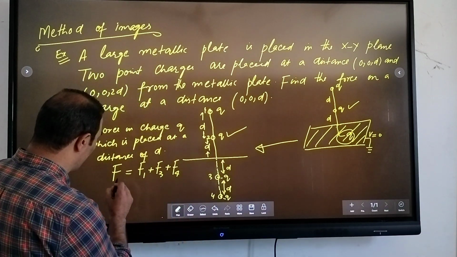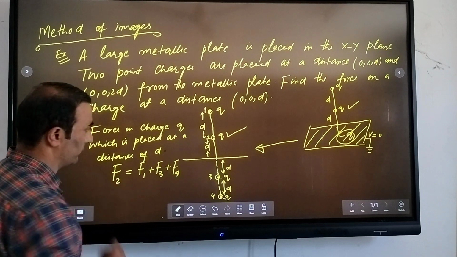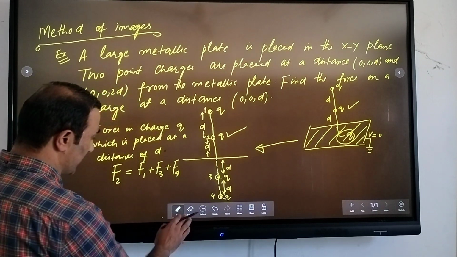So this will be the total force on this charge F, right?